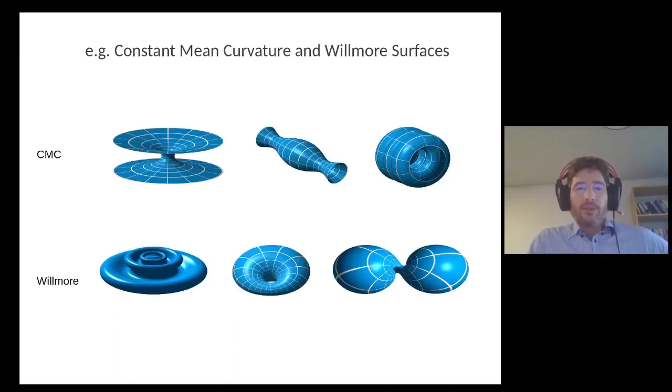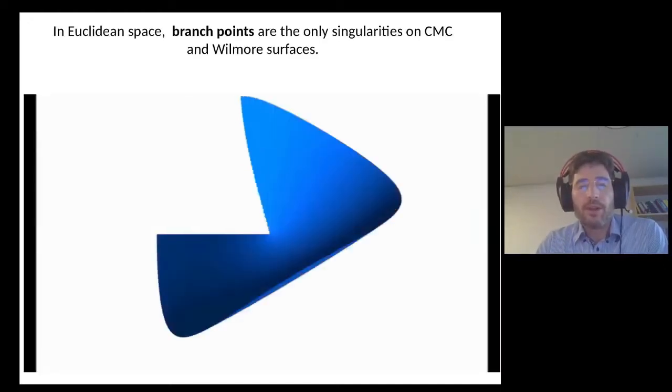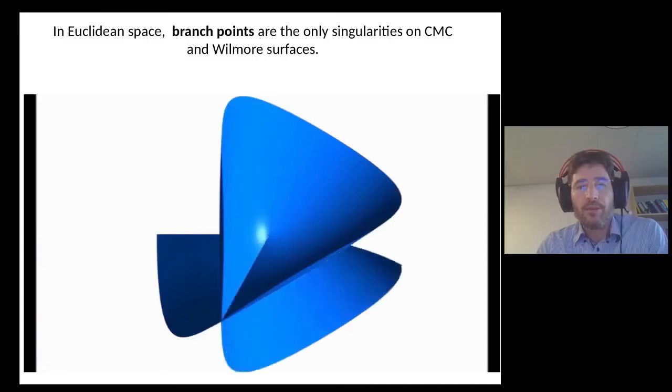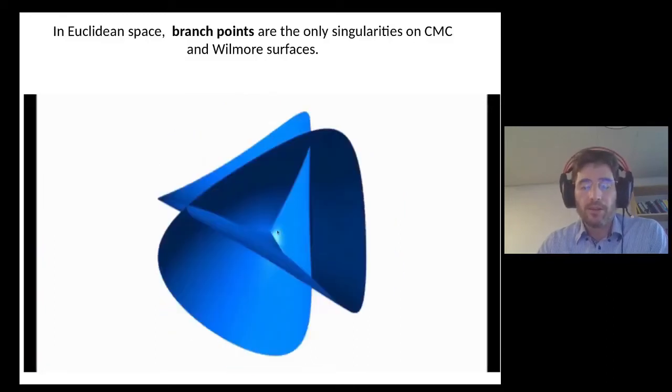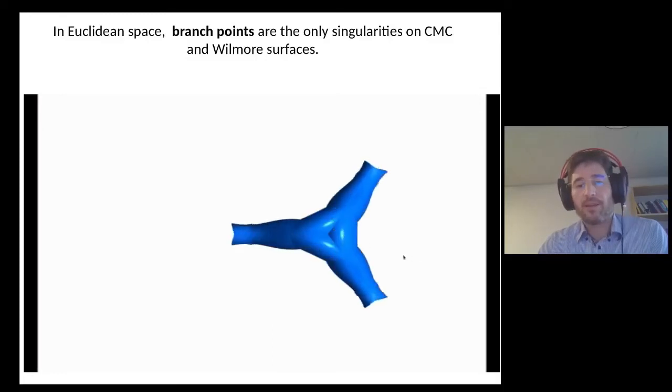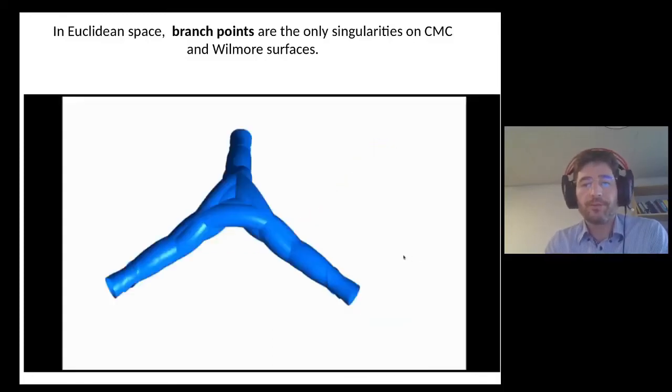So one type of example is constant mean curvature surfaces and Willmore surfaces. And these have the property that in R3, they don't have any singularities except for what's called branch points. So these isolated singularities where the surface behaves like z squared or z cubed, etc.